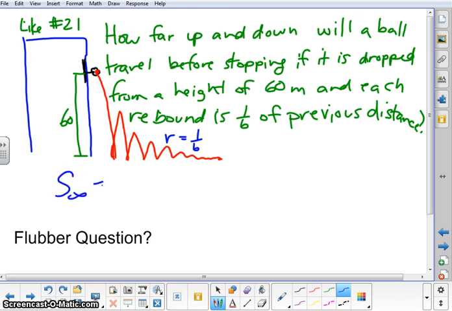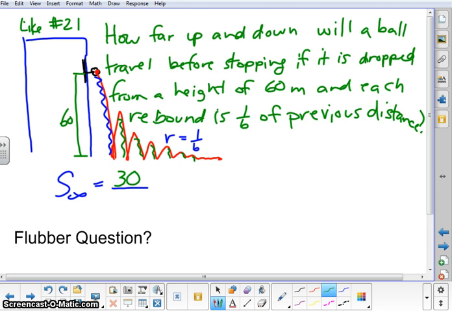So the sum of infinite terms, the first term is going to be 60. Well, in this case, it's going to be 30 because this distance right here, we cannot count because we're trying to double. So like right here and right here and right here, we're trying to get all of those sides. So we're going to go ahead and use the 30.